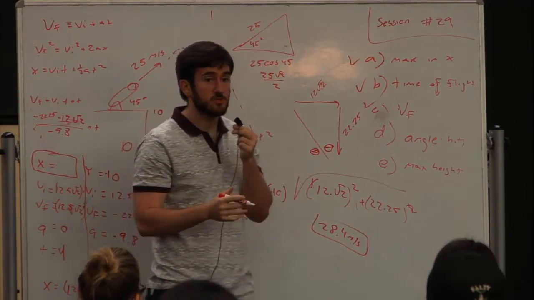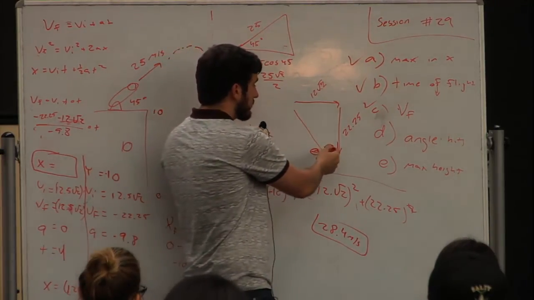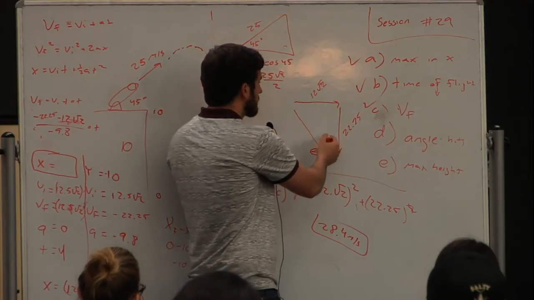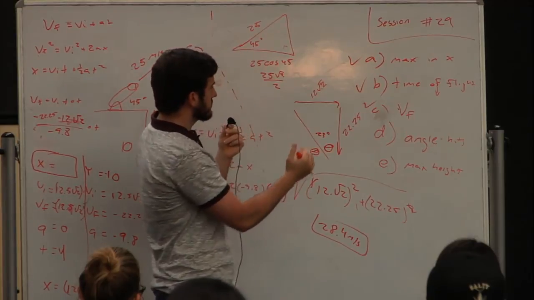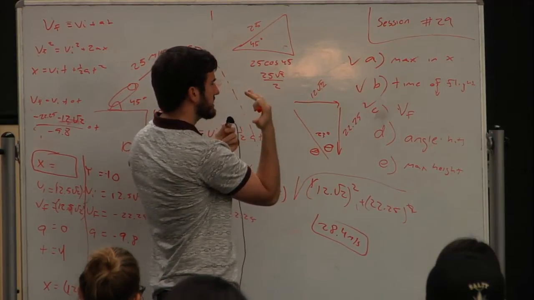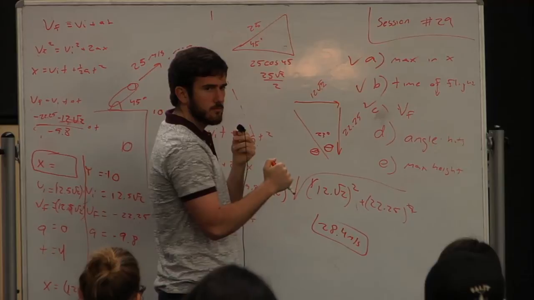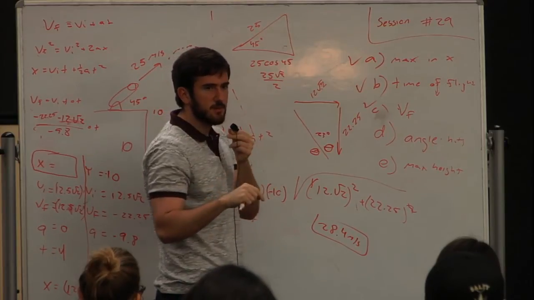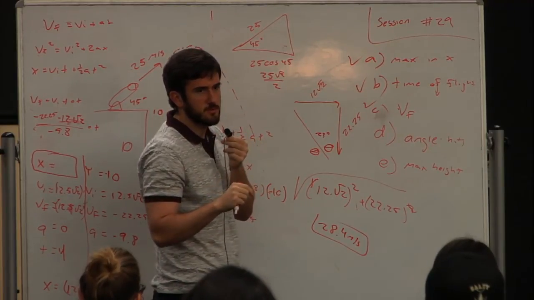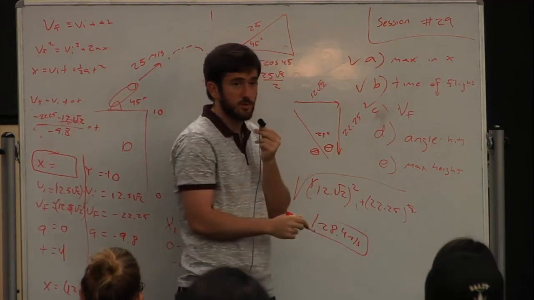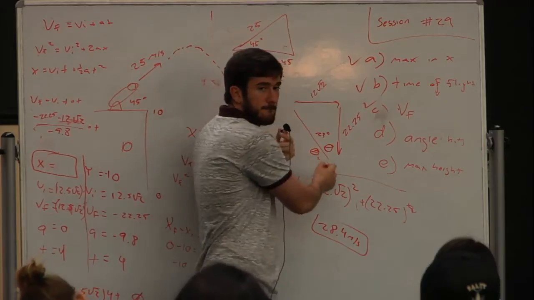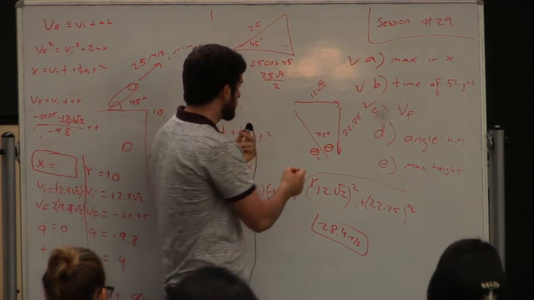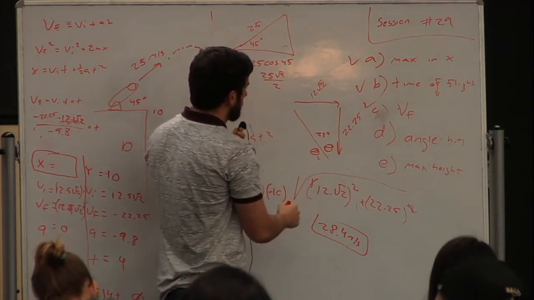So if this worked out to be 23 degrees, it'd be 23 degrees west of north. It would say that on the paper, it would be multiple choice maybe. Or you could just say this angle right here is 23 degrees. Or if it said with respect to the horizontal, you would use this angle. And to do that, again, you would just do inverse tan of opposite over adjacent.